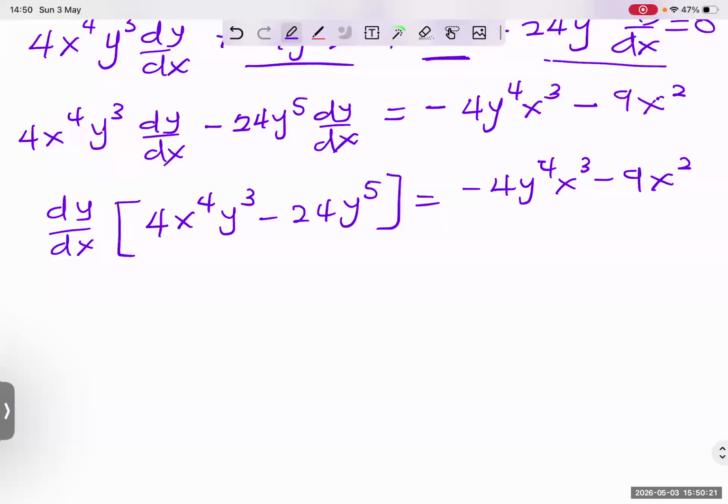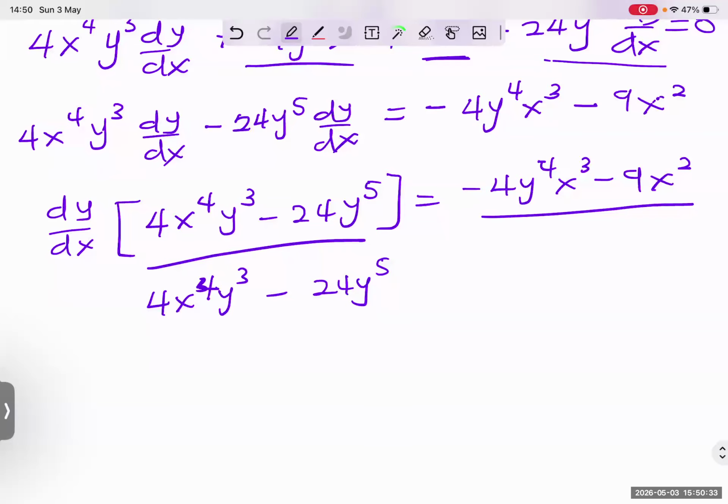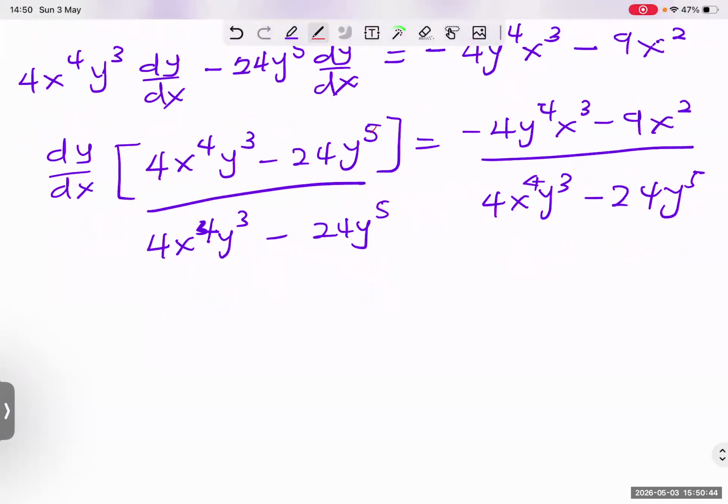How do I make dy dx the subject? Divide here by 4x^4 y^3 minus 24y^5. Divide there by the same thing. This and that will give us 1.